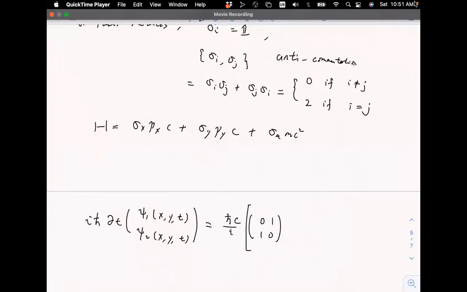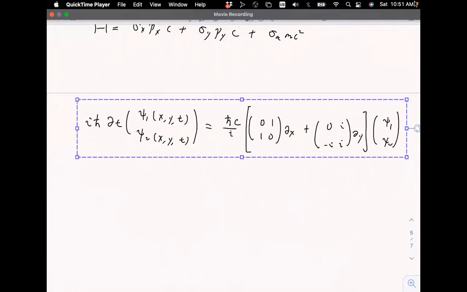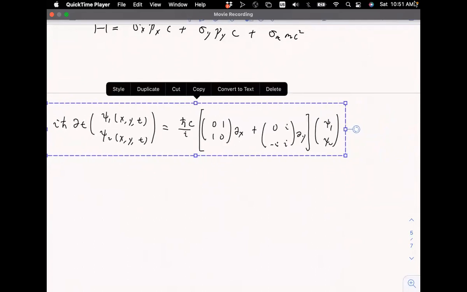Px will be delta x, and then you have a y component, delta y. So it will be 1 and 2, and then you also have this. Let me make it somewhat smaller.